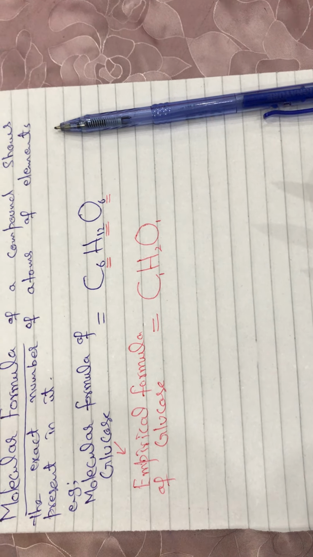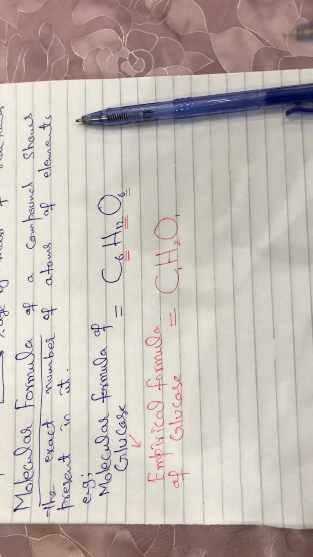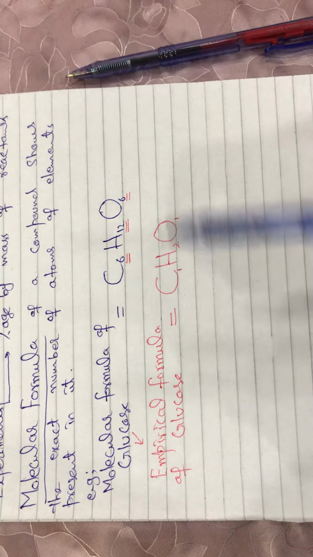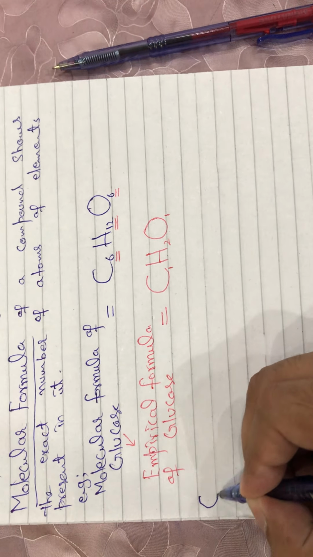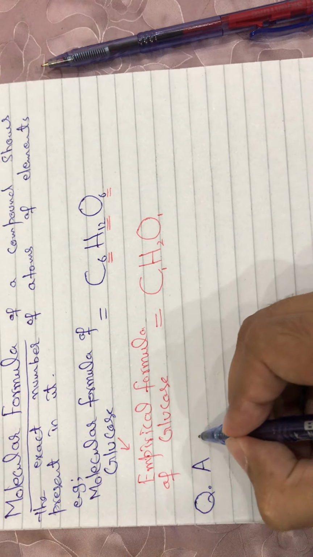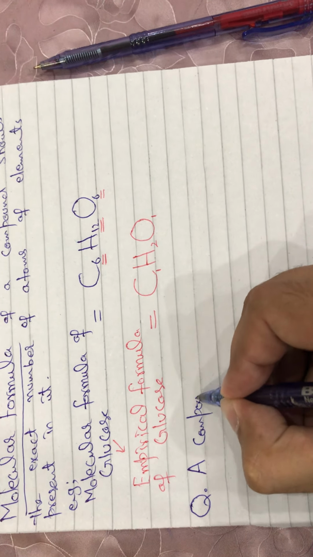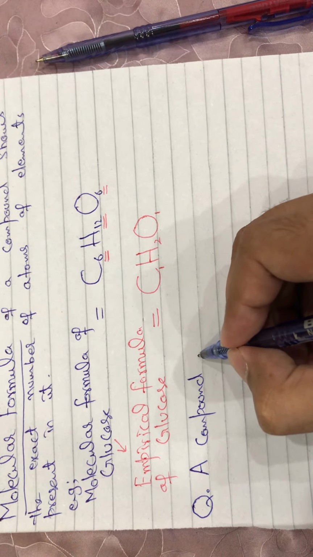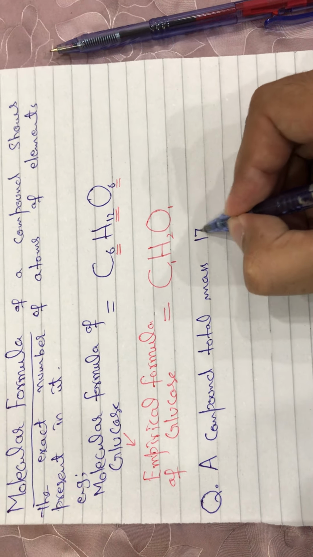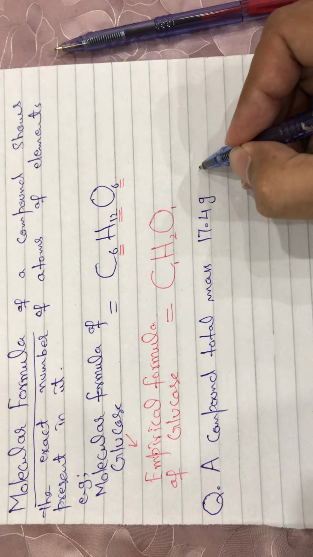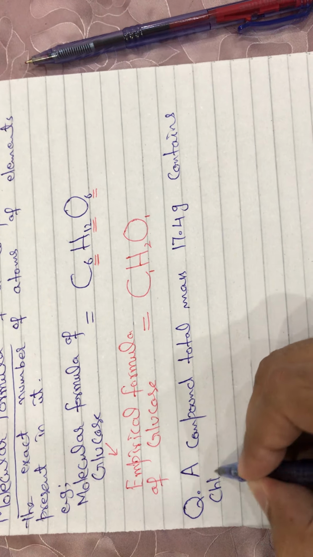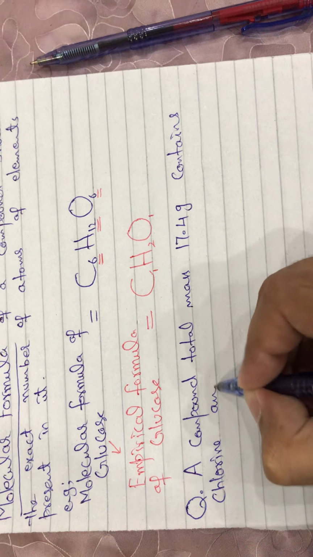Now practically we will see how we can calculate the empirical formula of a compound. Now if a question comes to us in this form: a compound of total mass 17.4 gram contains chlorine and oxygen.